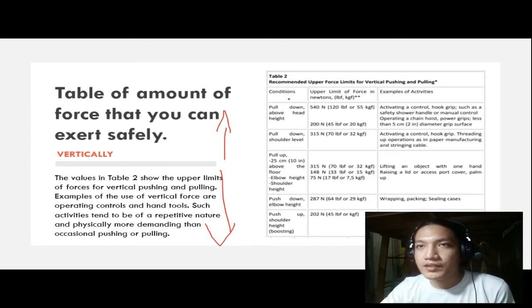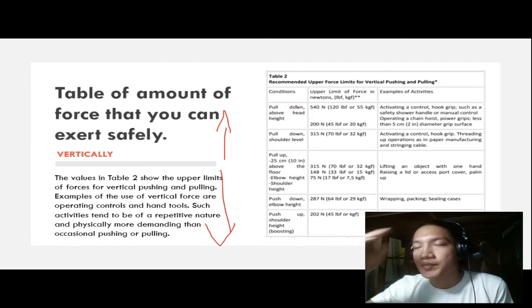So kapag nag-pull down, sa table 2 is condition na una is pull down above head height. Sabihin kapag may hinila ka na mas mataas sa ulo mo. Halimbawa nun is activating a control hook grip such as a safety shower handle or manual control operating a chain hoist, power grips less than 5 cm, 2 inches in diameter.